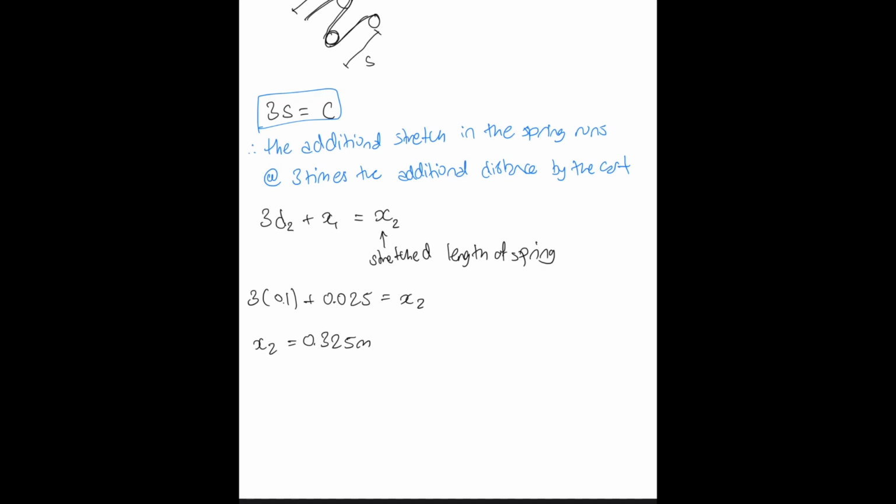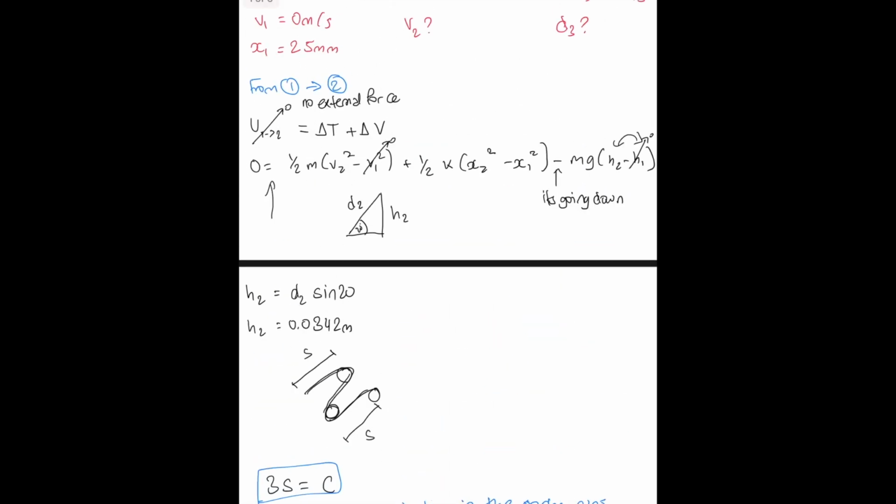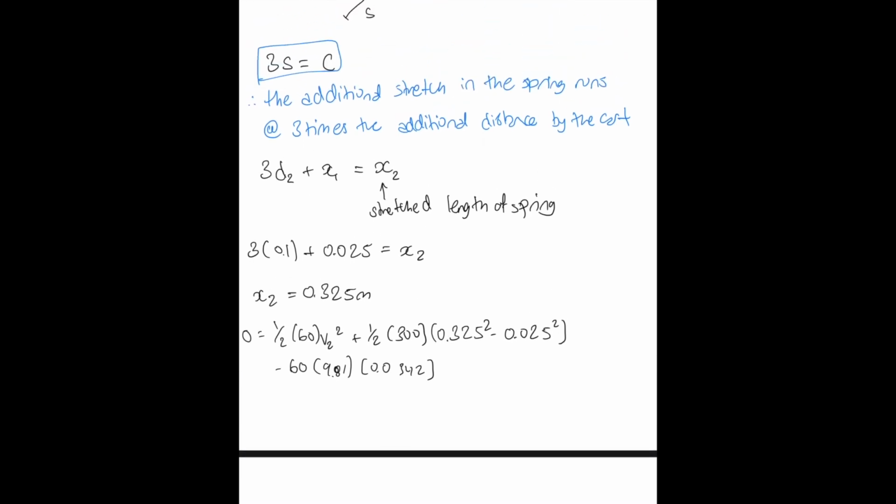And then we're going to plug in our known values into this equation. So half multiplied by 60 multiplied by v2 squared plus half multiplied by 300 multiplied by x2 squared minus x1 squared, then minus 60 multiplied by the gravity and 0.0342.